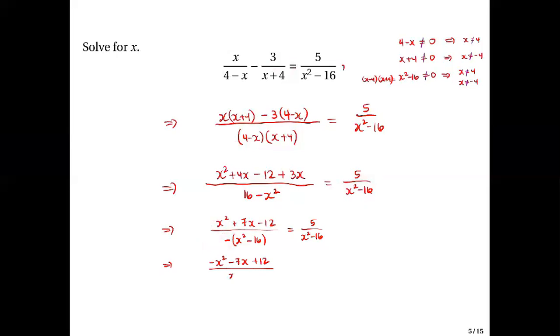On the denominator, you'll just have x squared minus 16. On the other side, we'll have 5 over x squared minus 16. Now you have the same denominators. All you need to do here is to equate the numerators. So this means that you will have negative x squared minus 7x plus 12. This is equal to 5.